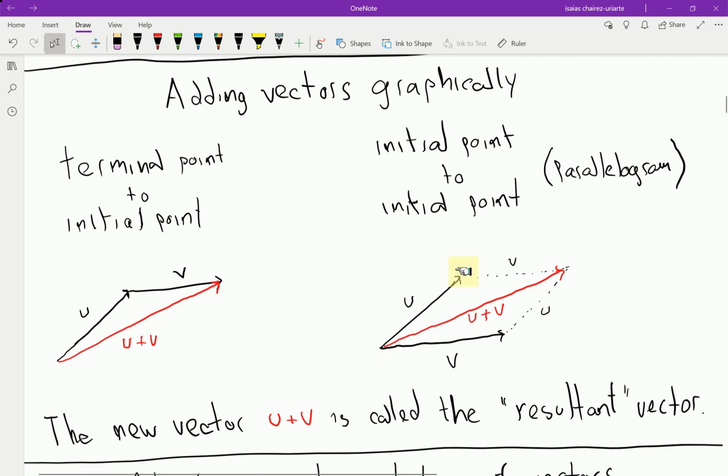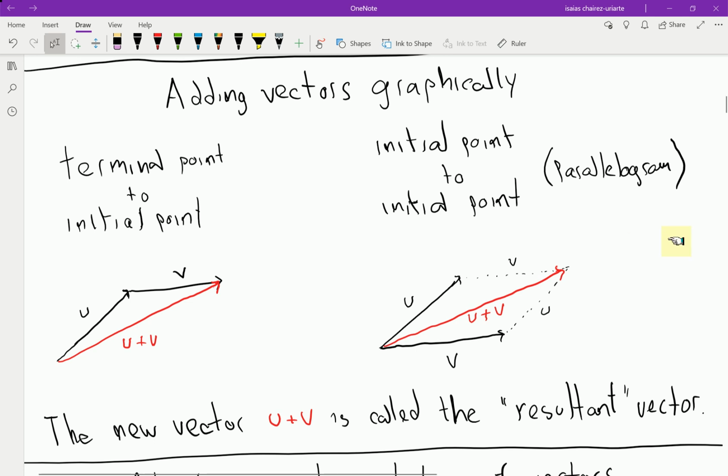So here at the terminal point of u, I'm going to sketch the vector v, starting from the terminal point of u. And then from the terminal point of v, I sketch the vector u. And that creates a little parallelogram. And the sum of my vectors is the main diagonal of that parallelogram.